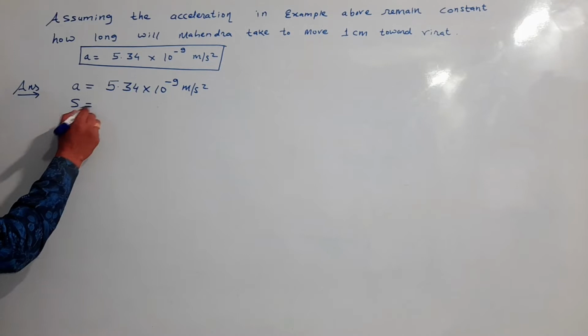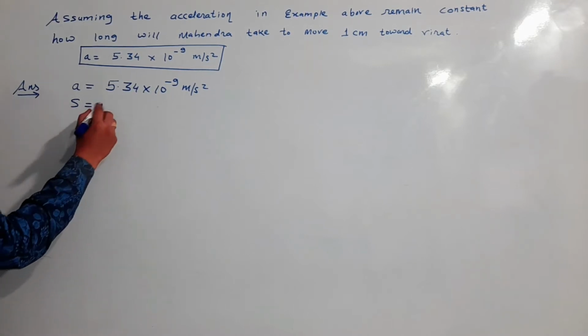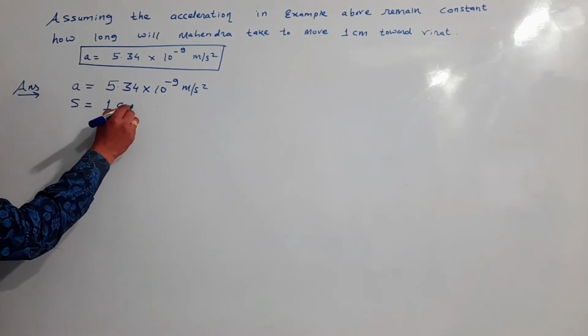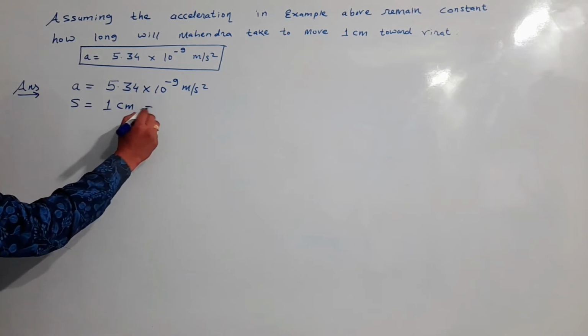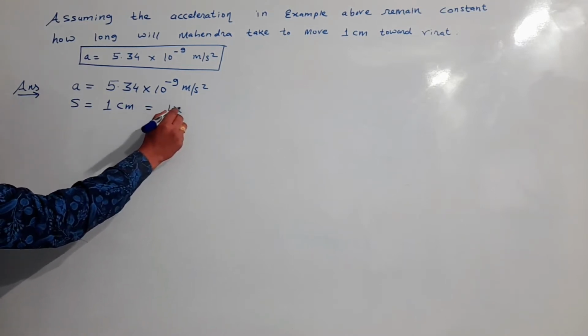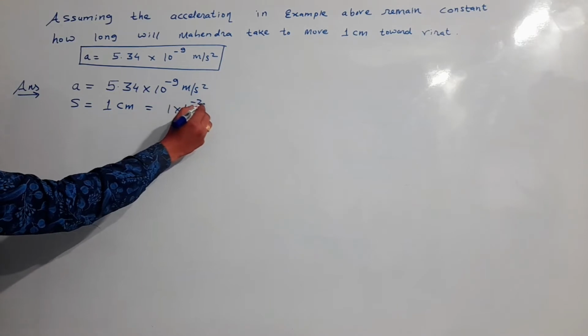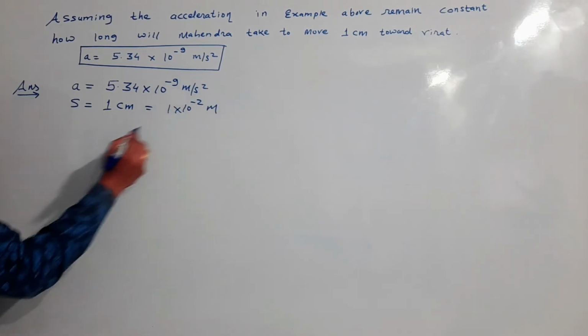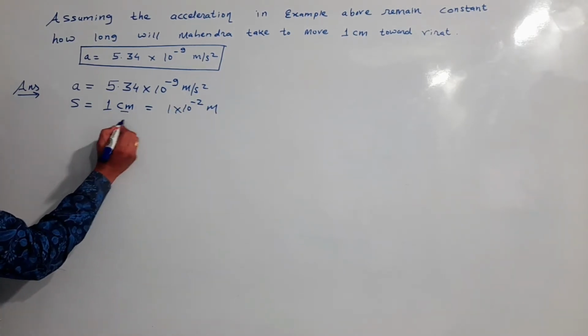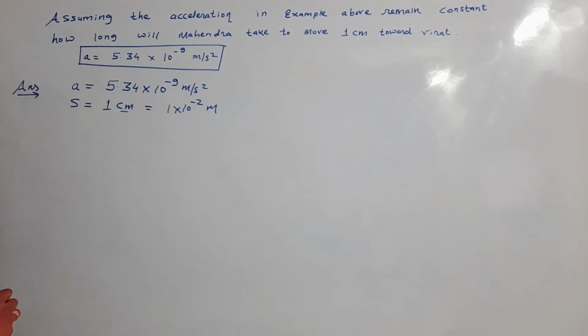S is given to us, that is 1 centimeter, which is equal to 1 into 10 to the power minus 2 meter. So my dear student, here we have converted centimeter into meter.